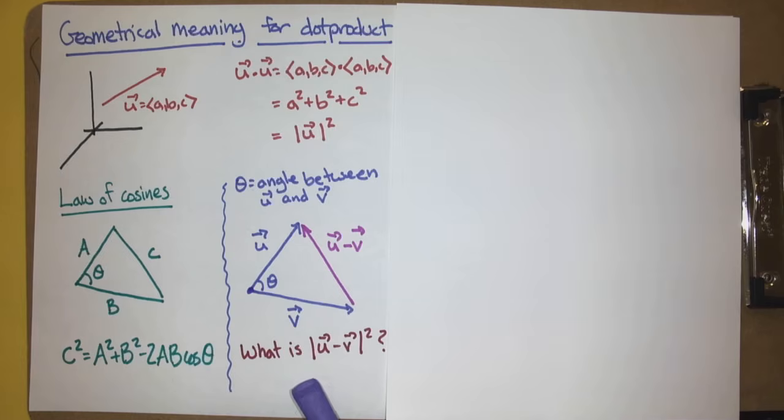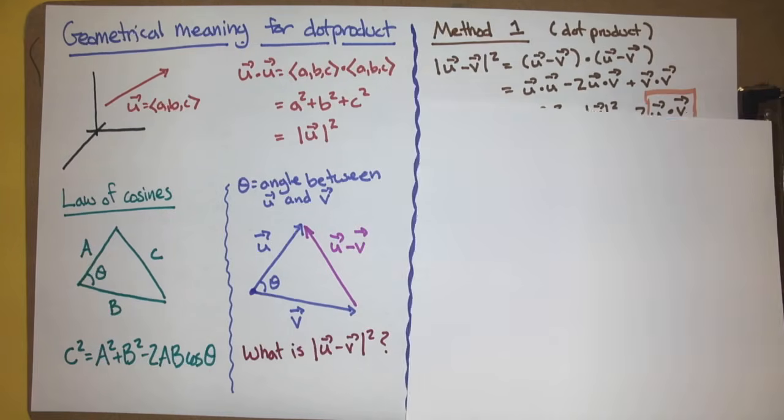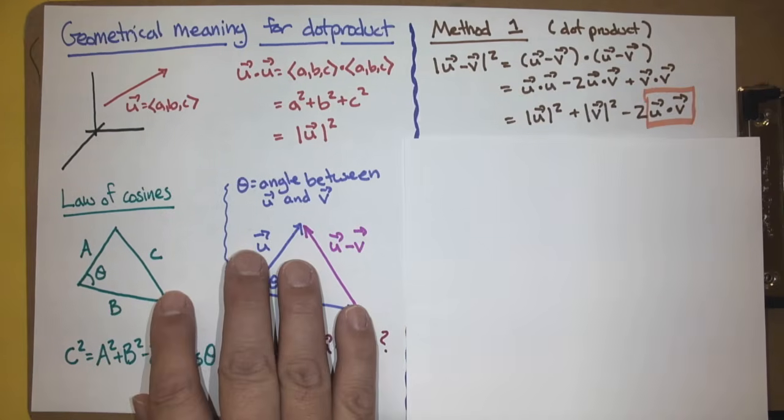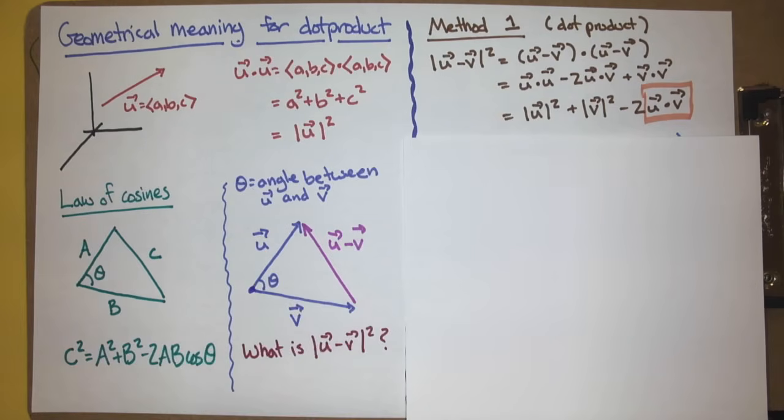Now, a question. What's the magnitude of this vector squared? Do we have ways to compute the square of the magnitude of a vector? Dot product. Okay, so let's do that. Method 1, the dot product. You take u minus v dot u minus v.